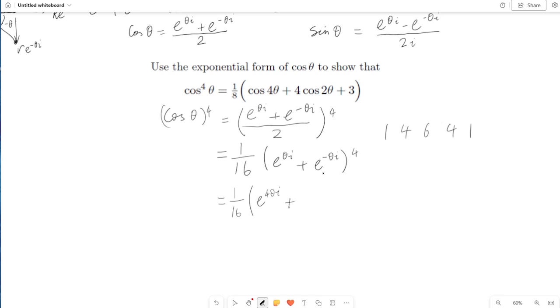Plus, the coefficient will be 4, e loses a power, and then the other one gains a power. Then plus 6, still losing 1 more power, the second term gains 1 more power. And then plus 4, e to the theta i, so lose 1 more power, the other one gains 1 more power. And then plus e to the power of minus 4 theta i.